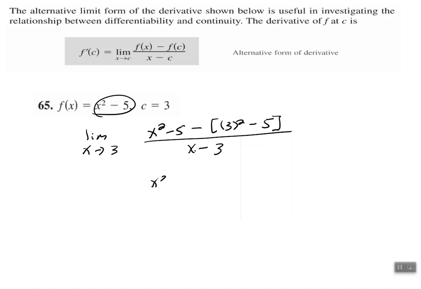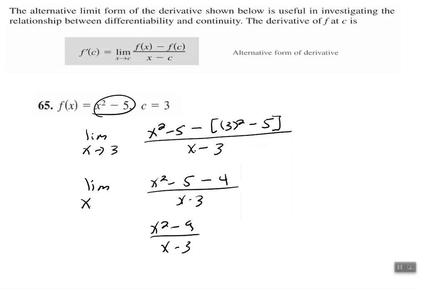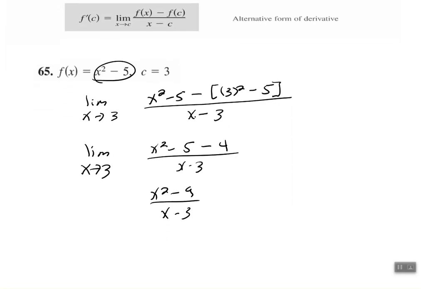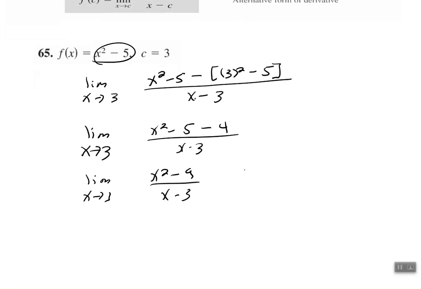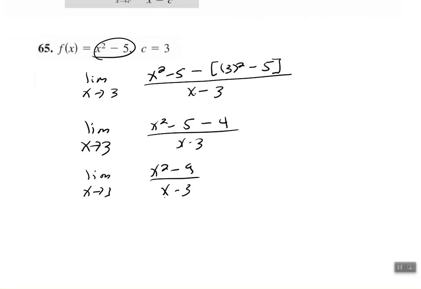Okay, so you have x squared minus 5, and then you have 9 minus 5 in here, which is 4. So minus 4 all over x minus 3, and then x squared minus 9 all over x minus 3. And then you have x plus 3 times x minus 3 in your numerator.